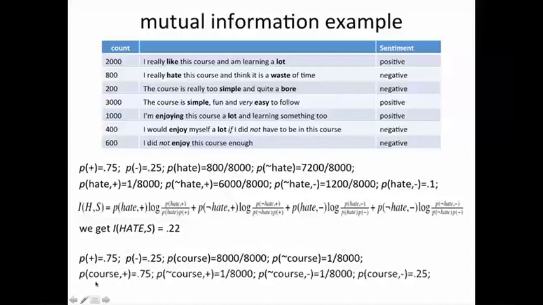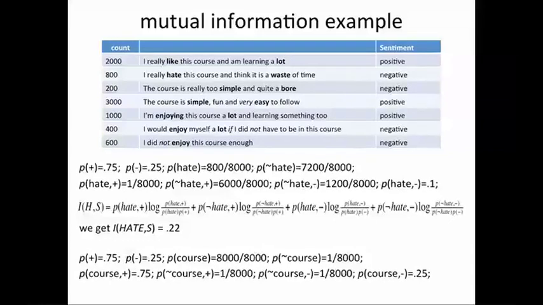The joint probability of coarse for positive comments is just the fraction of positive comments because it occurs in all positive comments. In fact, it occurs in all comments. And similarly, the probability of a coarse in negative comments is just the probability of negative comments because it occurs in all comments. And not coarse doesn't occur, so again we smooth this. The resulting mutual information is 0.003.